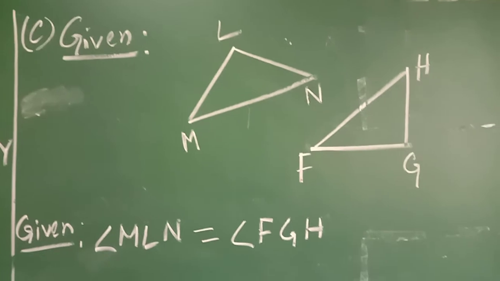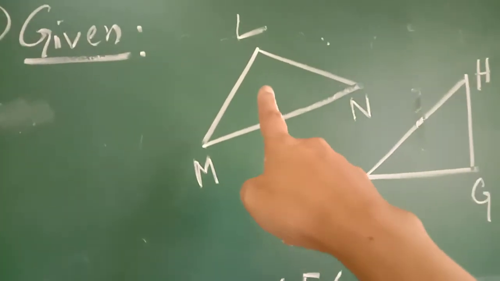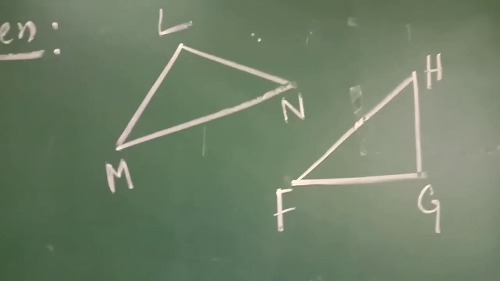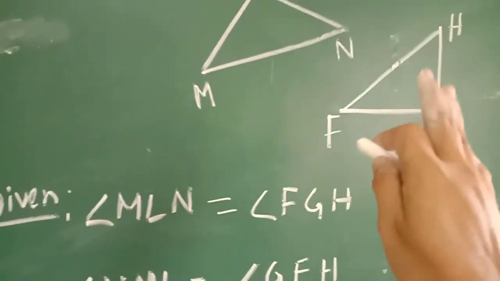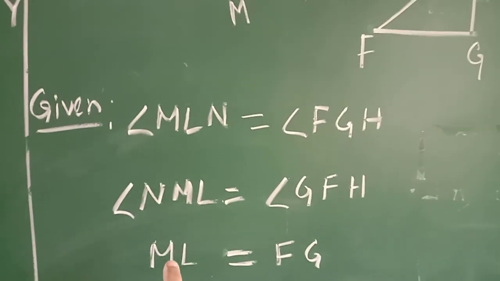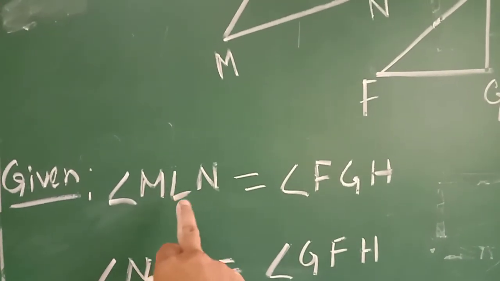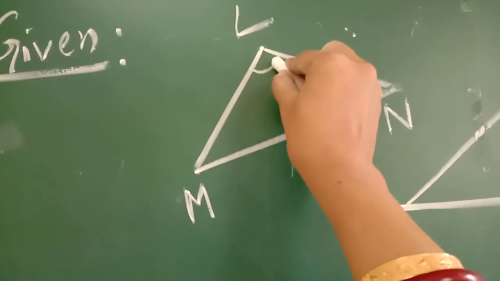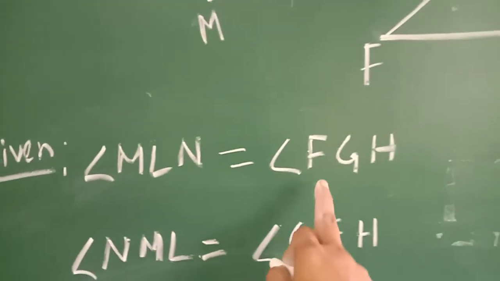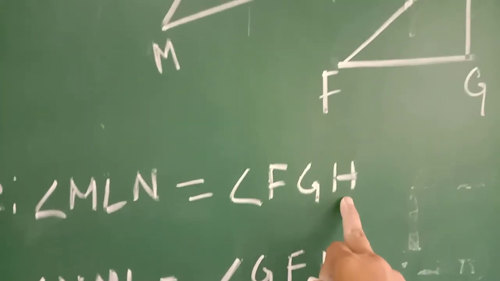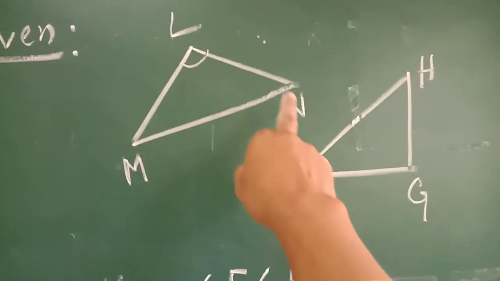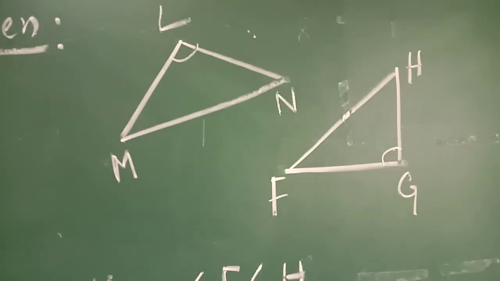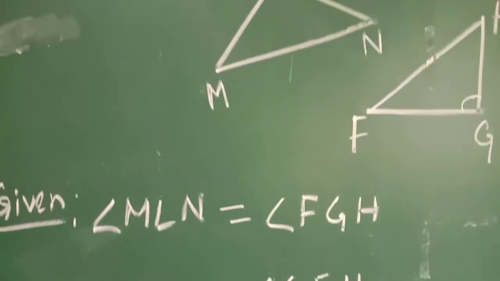Now come to question number C. Here you have two triangles given in your book, LMN and FGH. In this form the two triangles are given, and along with these triangles 3 clues are there. Angle MLN is equal to angle FGH. That means MLN is equal to FGH. These two angles are correspondingly equal to each other.